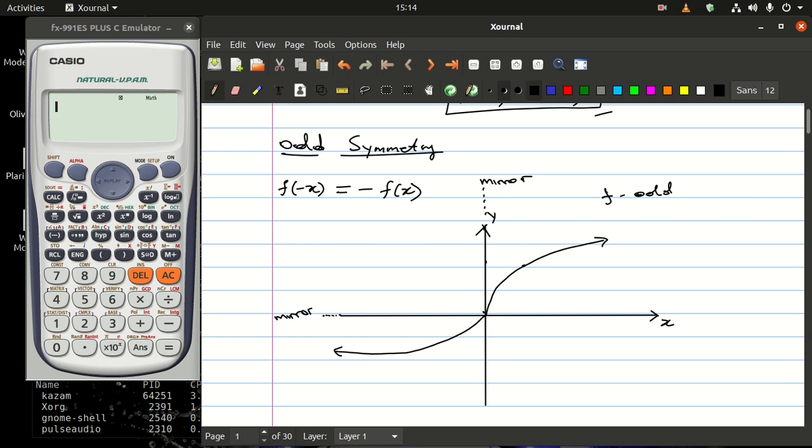The first mirror is here, and then you get an image somewhere there, and after that you have your second mirror, and then your final image should be here. So if this piece can be found from this one by taking two mirror images, the first one here and the second one along the axis, then this curve is called odd, or it has odd symmetry.